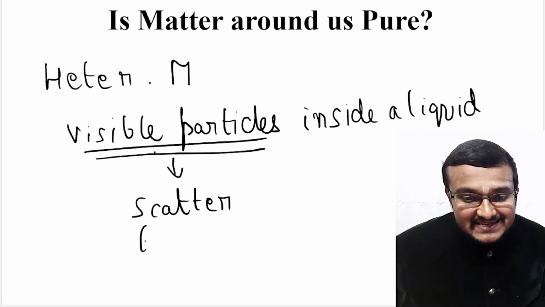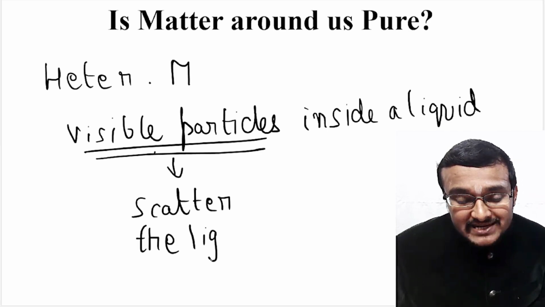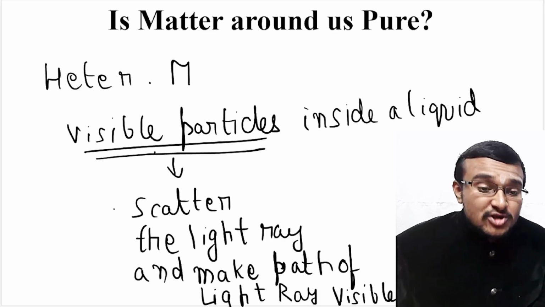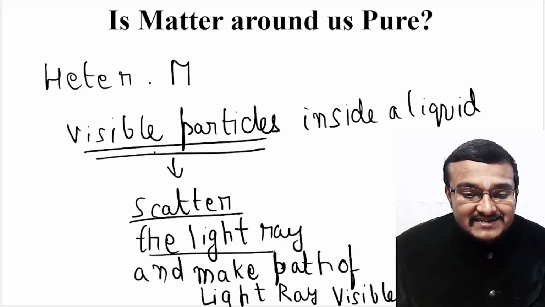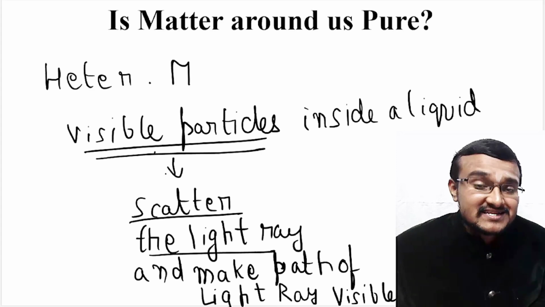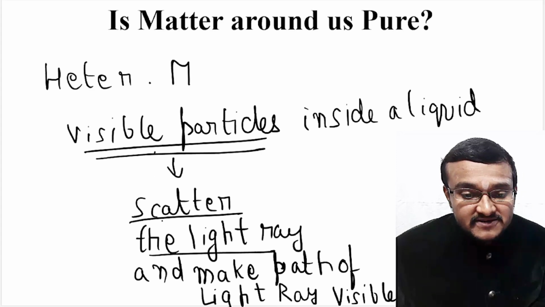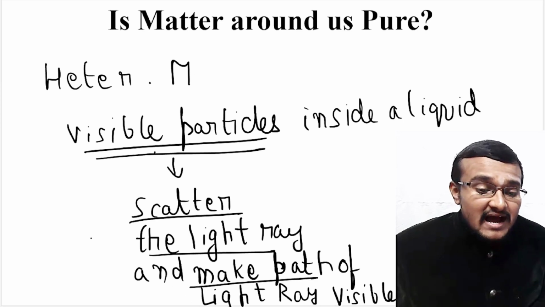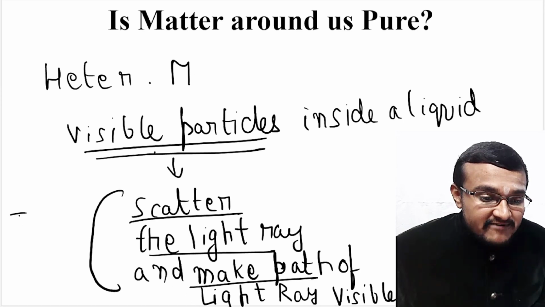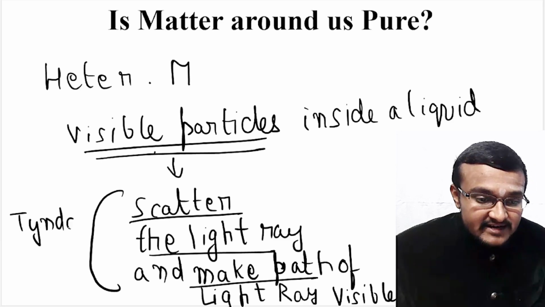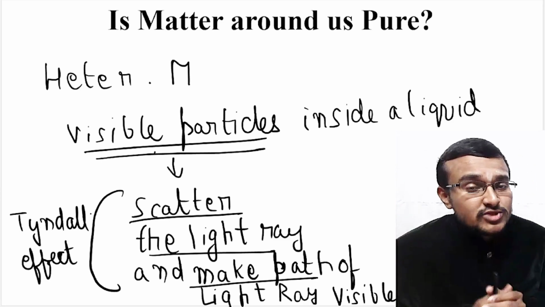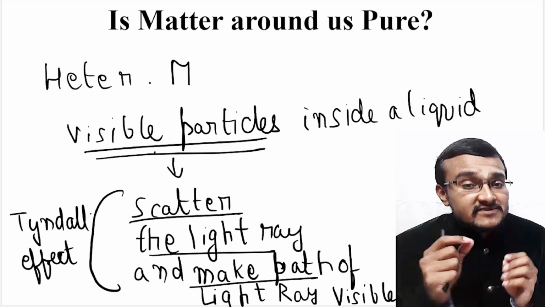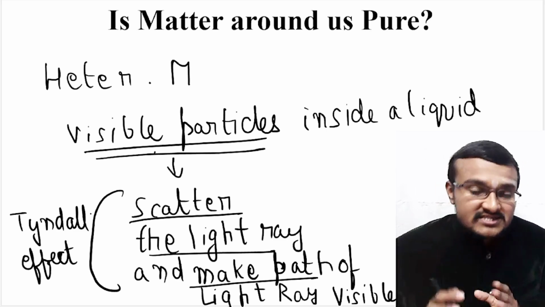This phenomenon, where scattering of light takes place due to the visible particles in a heterogeneous mixture, makes the path of the light ray visible, and this effect is known as the Tyndall effect. So the path of the light ray which is visible through the liquid is because of the scattering of light which is taking place due to the visible particles present in that heterogeneous mixture.